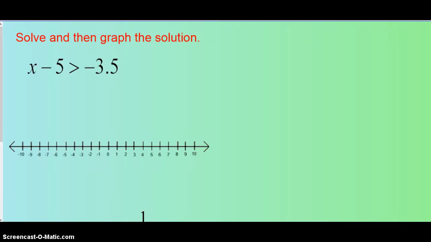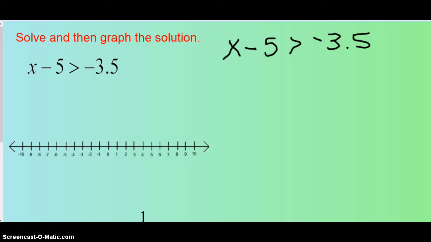When looking at and graphing this inequality, we've got x minus 5 is greater than negative 3 and 5/10. What I'm going to do is rewrite this on the other side of the board here, because we need to get x by itself. Just like when we were solving other equations, we need to worry about getting x by itself.